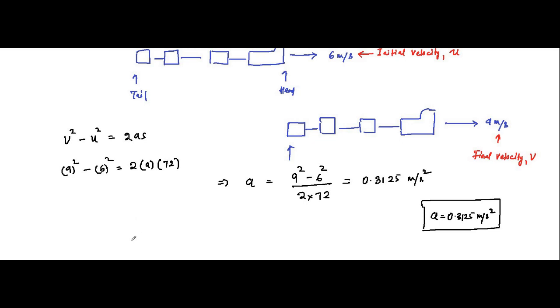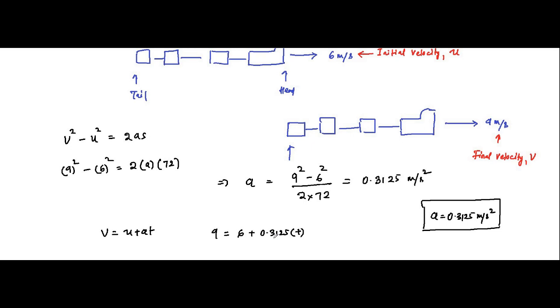Time. In order to determine the time, we have a formula, v is equal to u plus at. Final velocity is equal to initial velocity plus at. Here final velocity is 9, initial velocity is 6, acceleration is 0.3125, into t, which we have to determine.